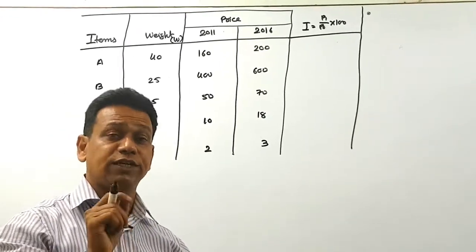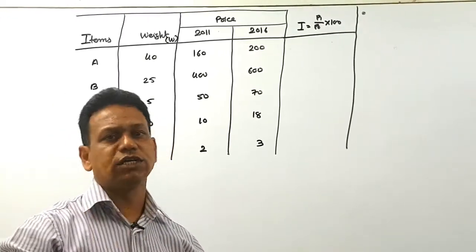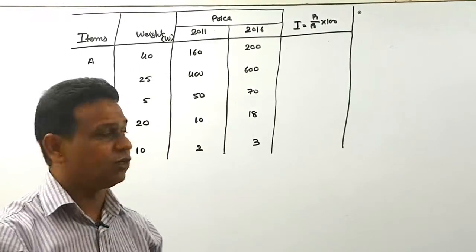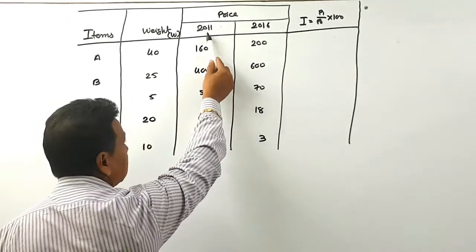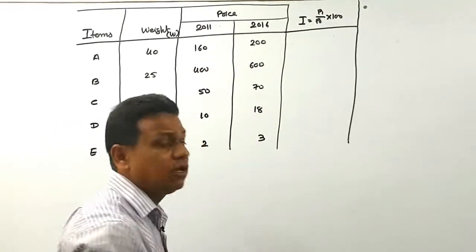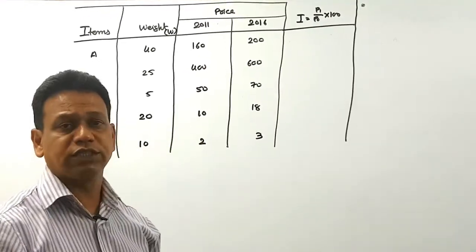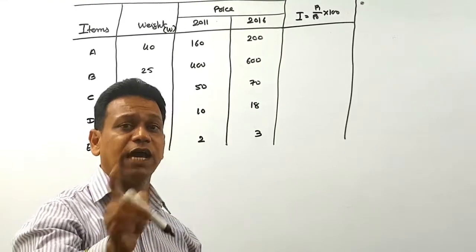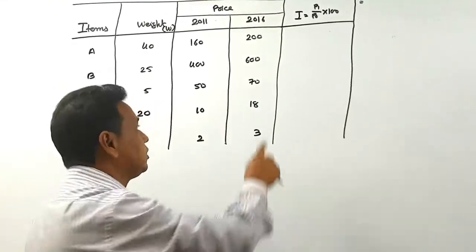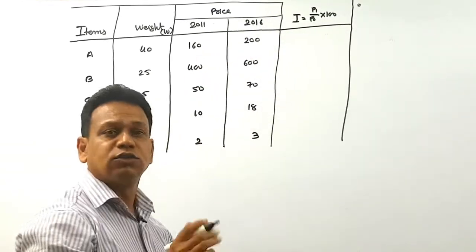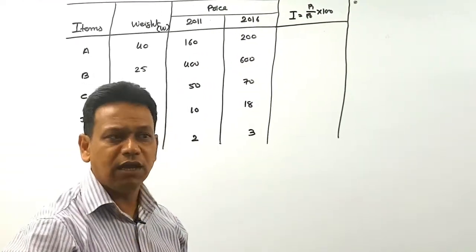Now the question arises, which year should be taken as the base year? They have given information about 2 years, 2011 and 2016, and when you read the question properly, we have to find the index number for 2016. It means this is our current year, and the past year is always taken as the base year.